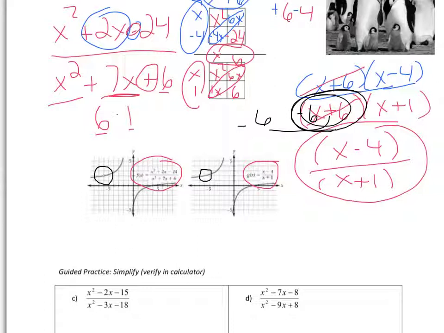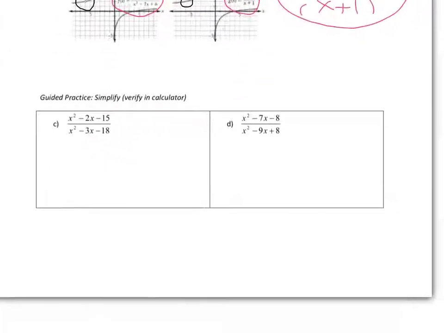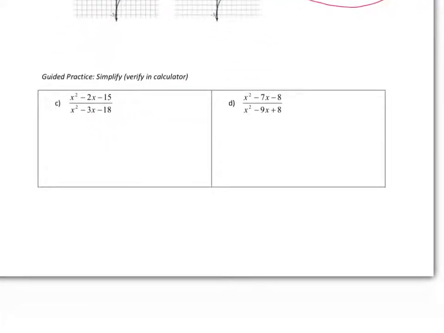So go ahead, pause the video, and try the two problems at the bottom. Let's take a look. And I'm going to do some squares. So on the top, I have x squared, and I have a negative 15. And I'm looking for two numbers that multiply to get 15 that add up to a negative 2.